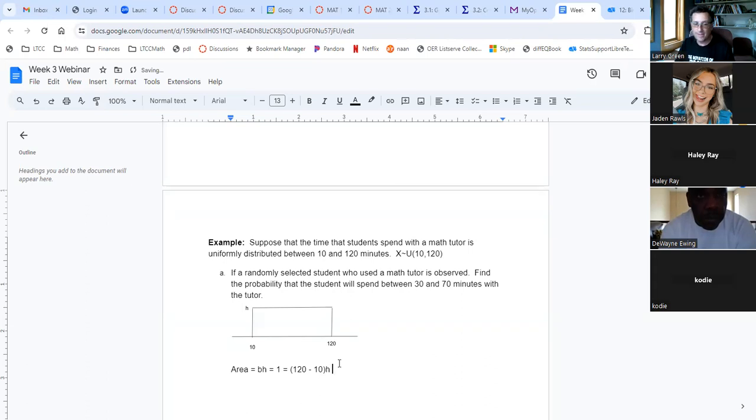That's what we want to find. Now 120 minus 10 is 110 times h.